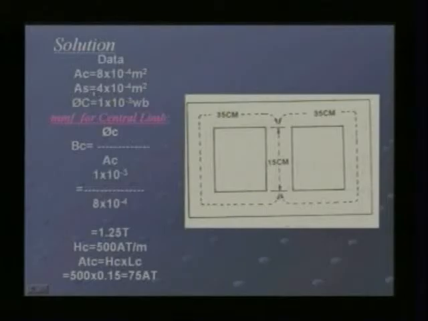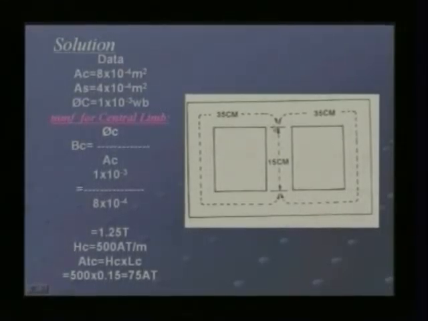The given areas of cross section are AC, that is area of central limb, equal to 8 into 10 power minus 4 meter square, that is 8 centimeter square, and area of cross section of side limb, AS, equal to 4 centimeter square, which is 4 into 10 power minus 4 meter square. Here the flux in the central limb, phi C, is equal to 1 milliweber, that is 1 into 10 power minus 3 webers.